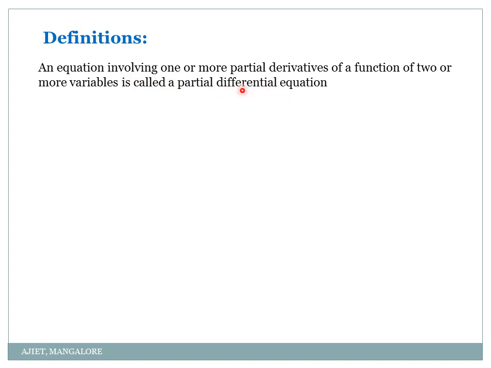An equation which involves one or more partial derivatives, it may be dou z by dou x, dou z by dou y, of a function of two or more variables, like a function of x, y, z or x, y, t, then it is called a partial differential equation. It's very simple. We should have a variable as well as a derivative.